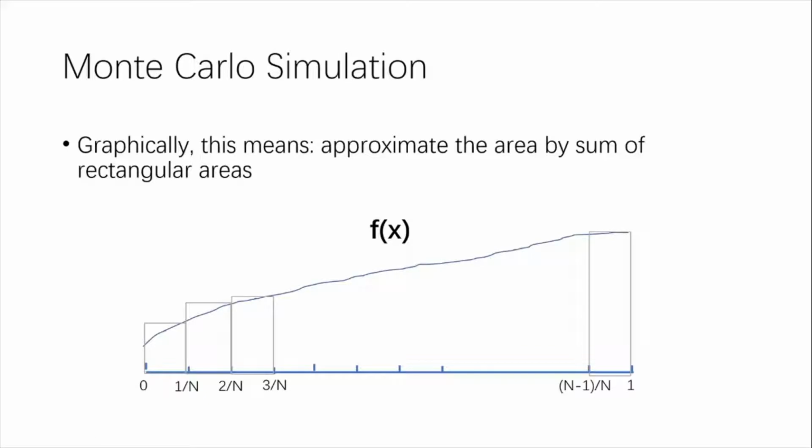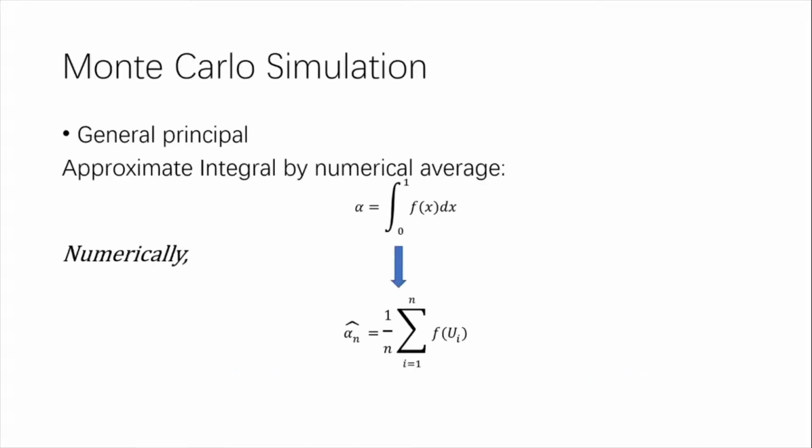Why is that the case? Because if you take a look at the calculation formula and put the 1 over n inside, this f(U_i) is just the function value at U_i. If you multiply by 1 over n, that is the rectangle width.